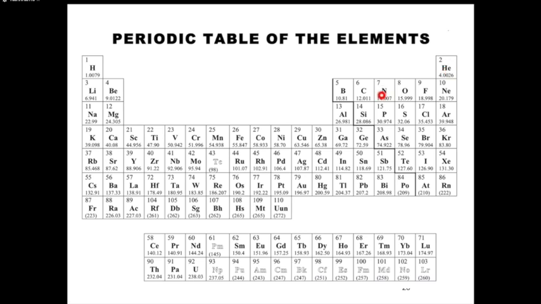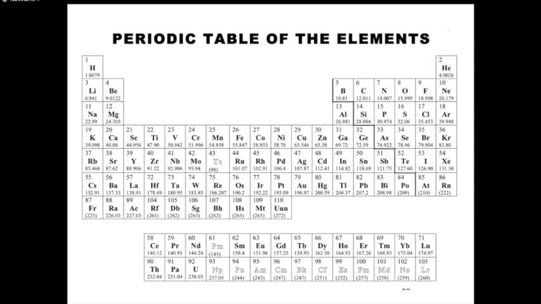To get to helium, it would have to lose 1, 2, 3, 4, 5 electrons to get to the number of electrons helium has. On the other hand, it could gain 1, 2, 3 electrons to have the same number as neon.